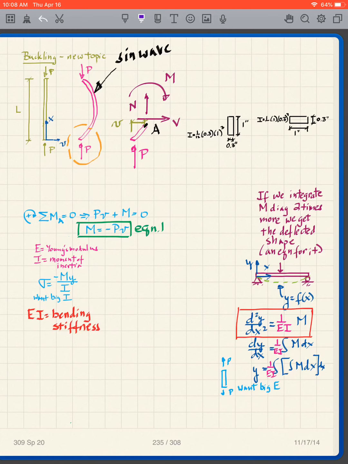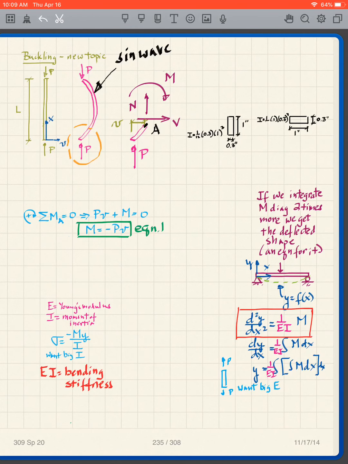And as a little bit of an aside, something that I haven't talked about too much, I'm going to define a term. I'm going to call it bending stiffness. EI is bending stiffness, the product of E and I, where E is Young's modulus and I is moment of inertia. Why do we call it bending stiffness?